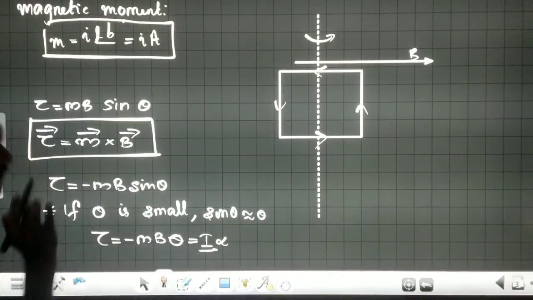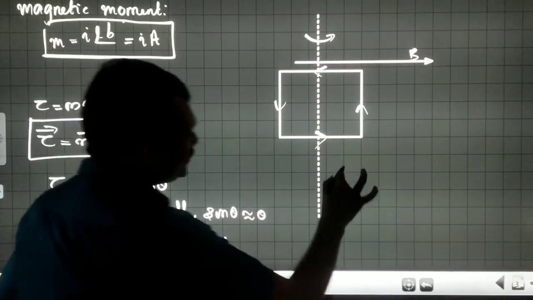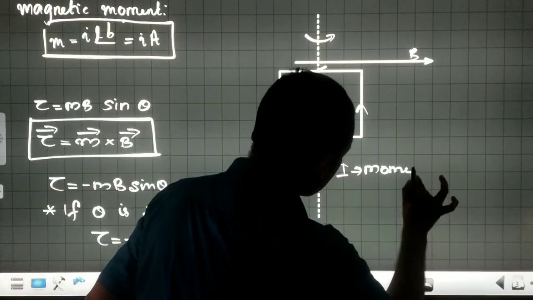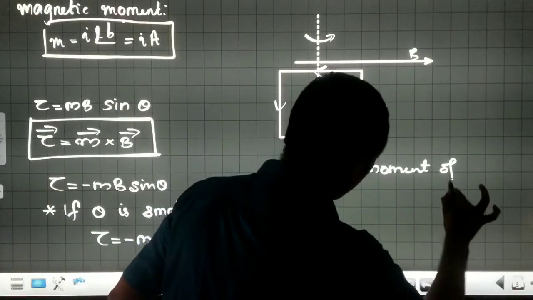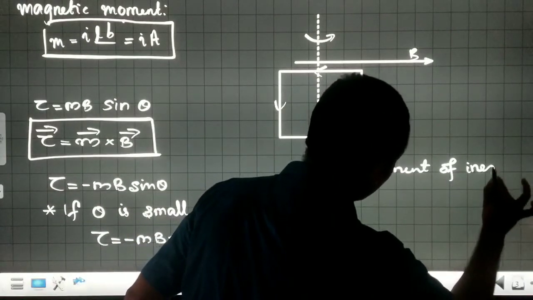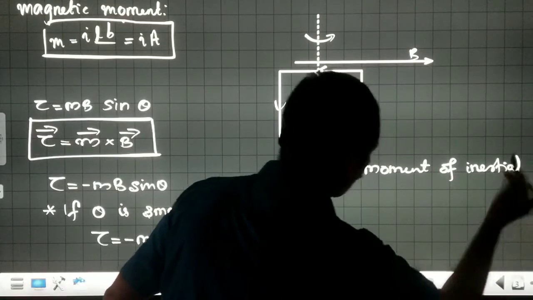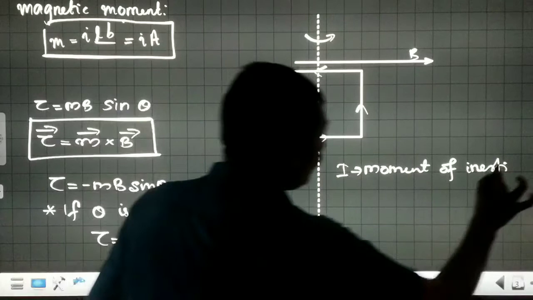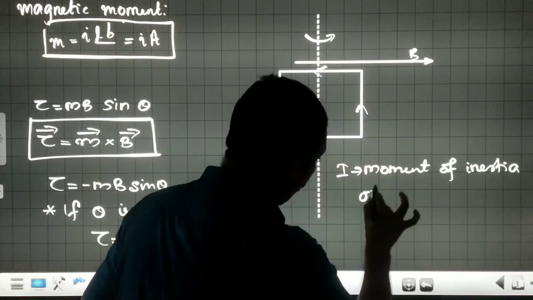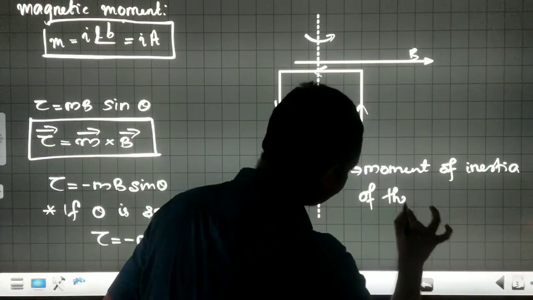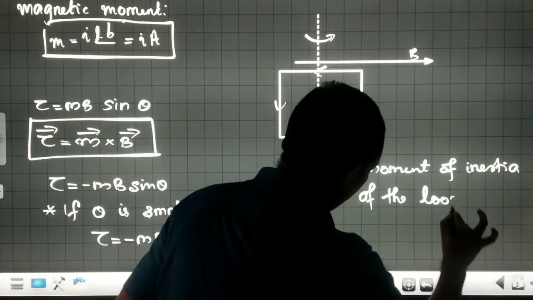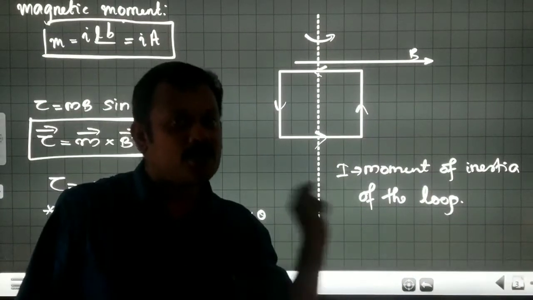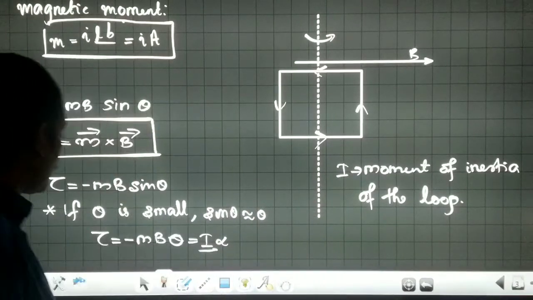What does I stand for? I stands for the moment of inertia of the current loop.